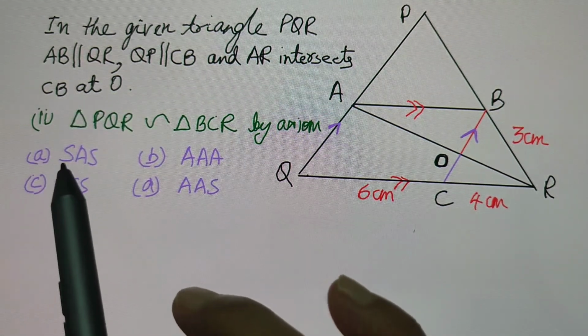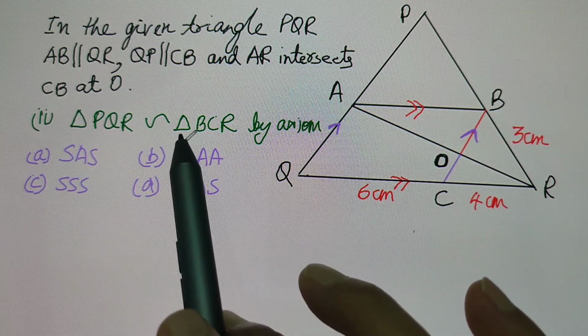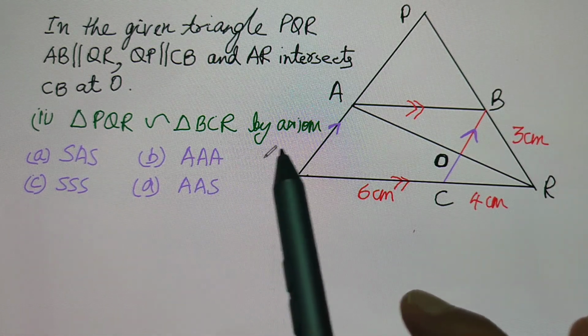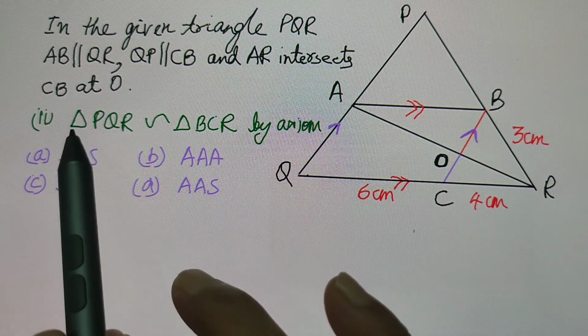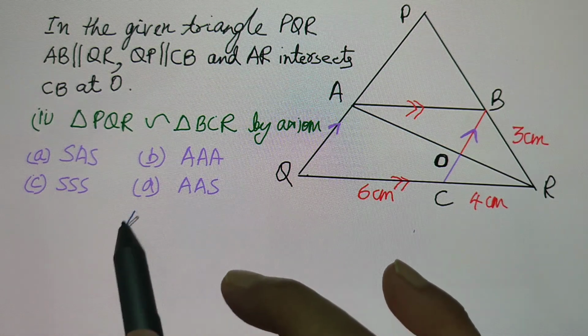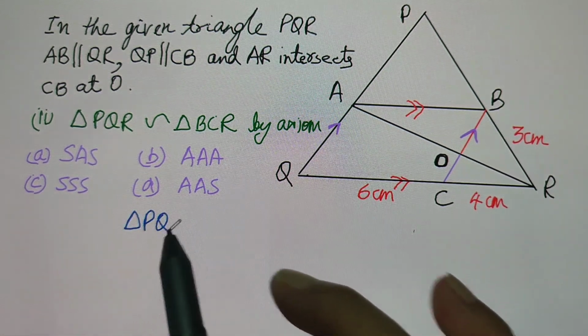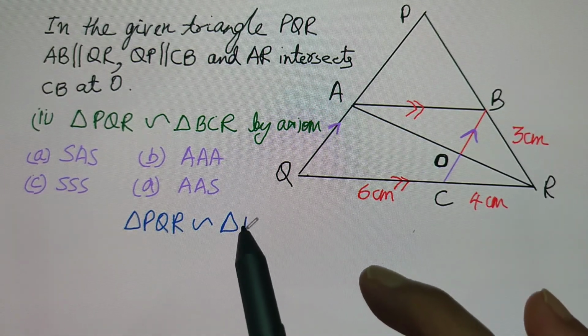Fine. In the second part of the question, if triangle PQR is similar to triangle BCR, then we have to show by which axiom of similarity these two triangles are similar. Now let us consider the triangle PQR.